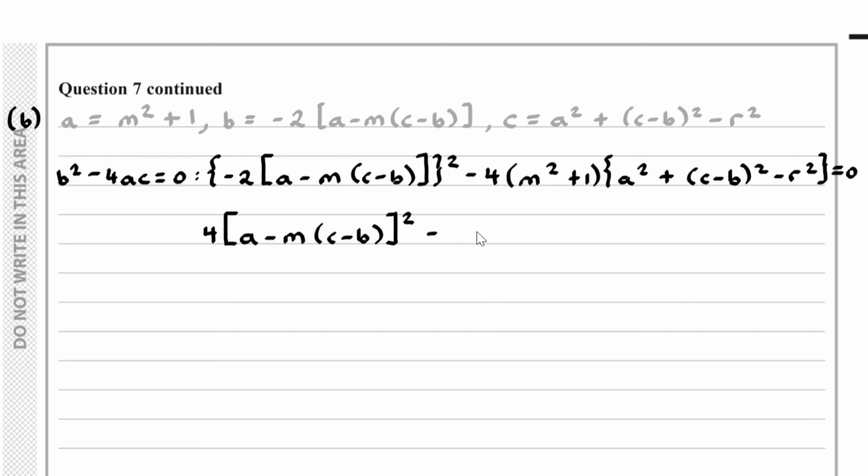and then here, if I expand the 4 into the bracket, we have 4m squared plus 4 being multiplied by a squared plus c minus b squared minus r squared, close bracket, equals 0.